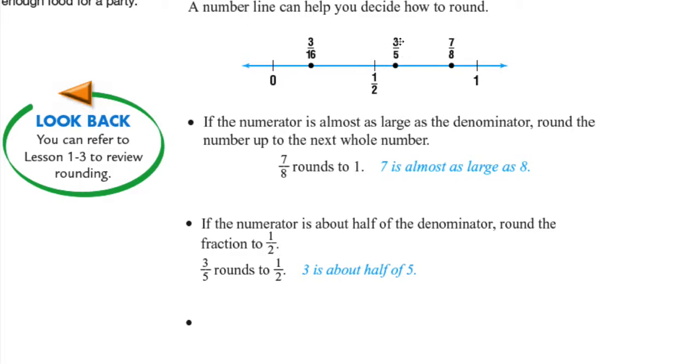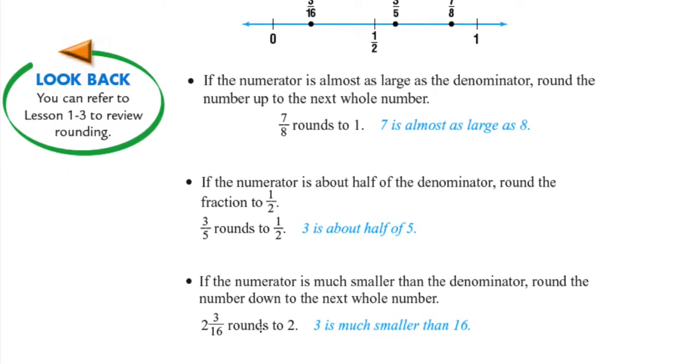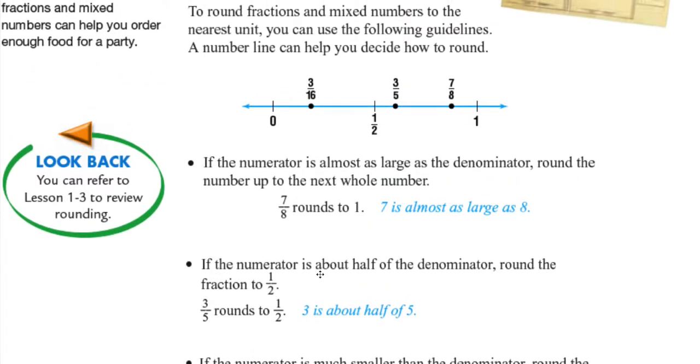So 3/5 is close to 1/2, so it rounds to 1/2. Finally, if the numerator is much smaller than the denominator, round the number down to the next whole number. So 2 and 3/16 basically rounds to 2 because 3/16 rounds to 0.